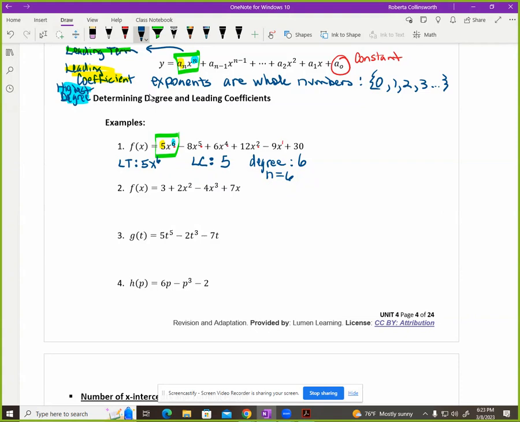So let's look at this second example. I have to look and see if it's in descending order by my exponents, and it's not. So maybe I need to rewrite it. I will rewrite it. This is my leading term. You cannot forget that negative there. And then 2x squared, and then 7x, and then 3.